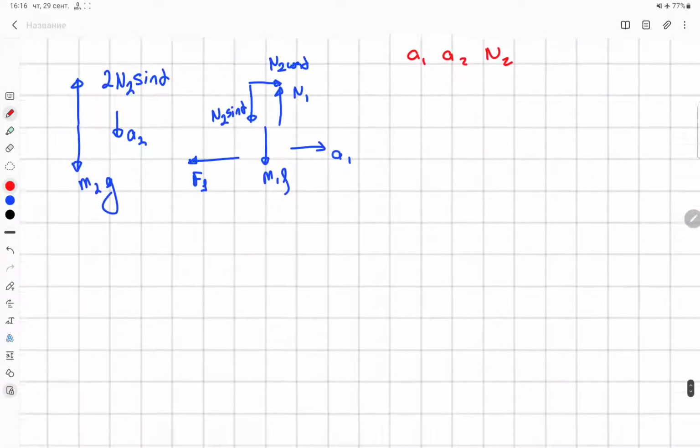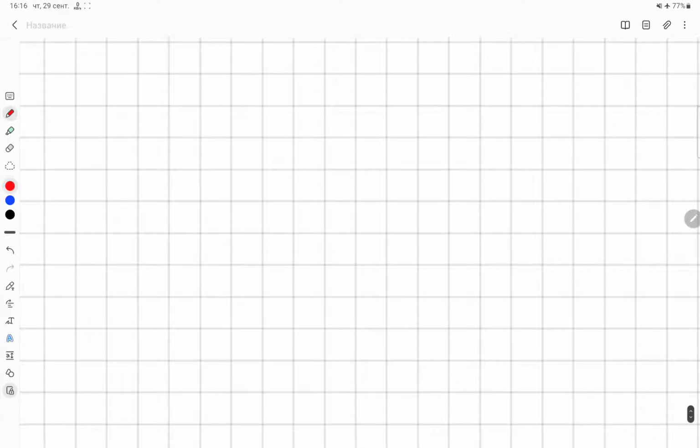That's why I will draw the initial and the final position, or position after some time, of the system. So this is the initial position of the object m2.